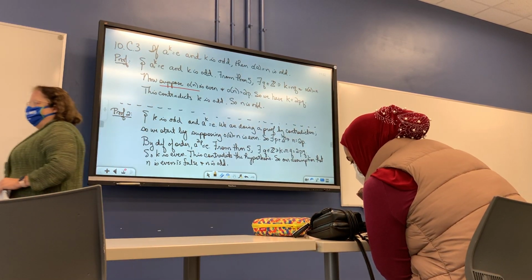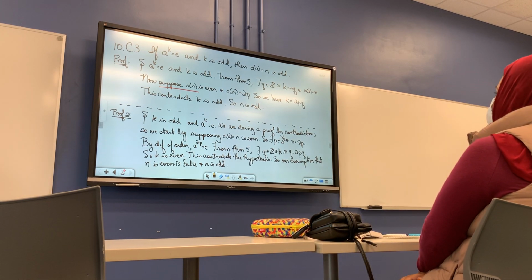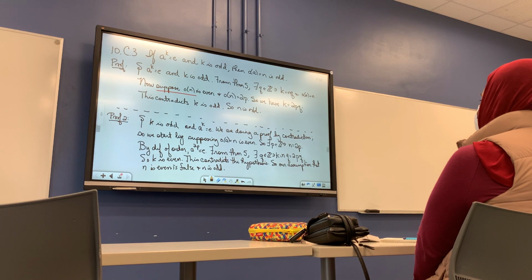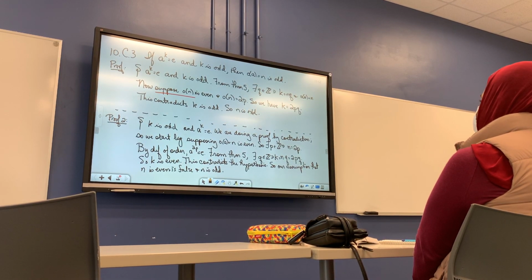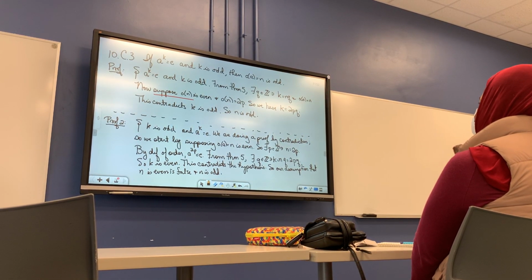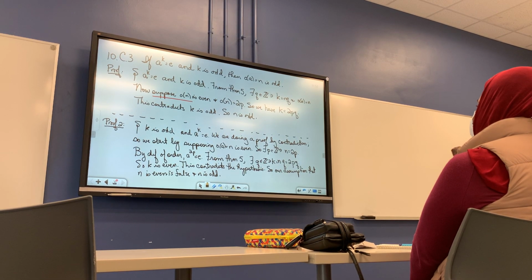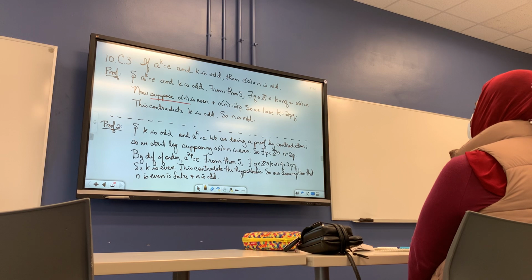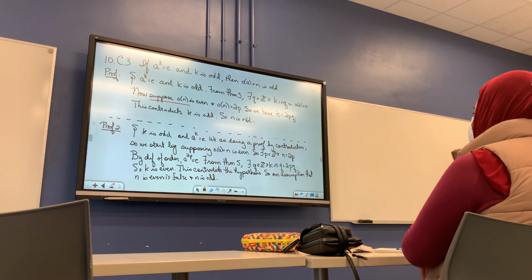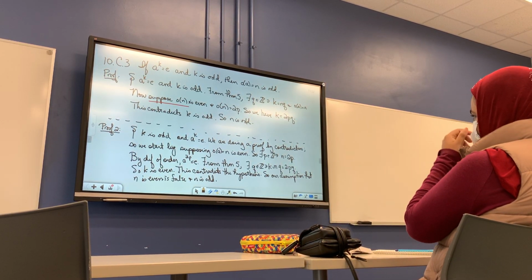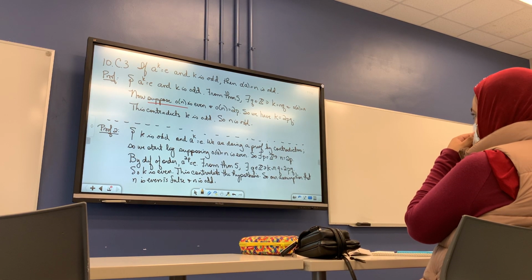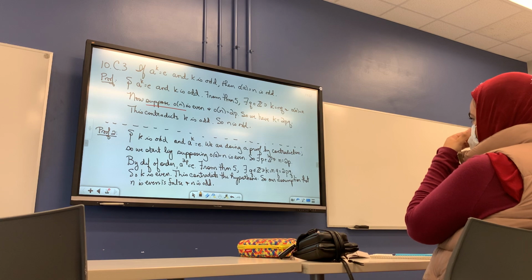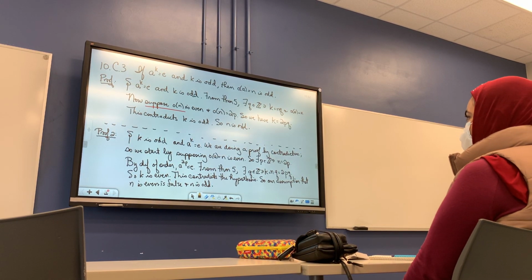Okay, so which one do you like better? Do you see much difference between them? Definitely like number 2 better. Number 2 is my second draft. Why do you like number 2 better, and why do you like number 1 better?